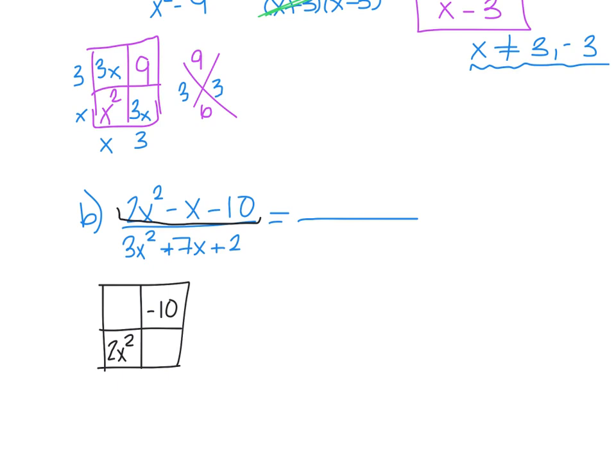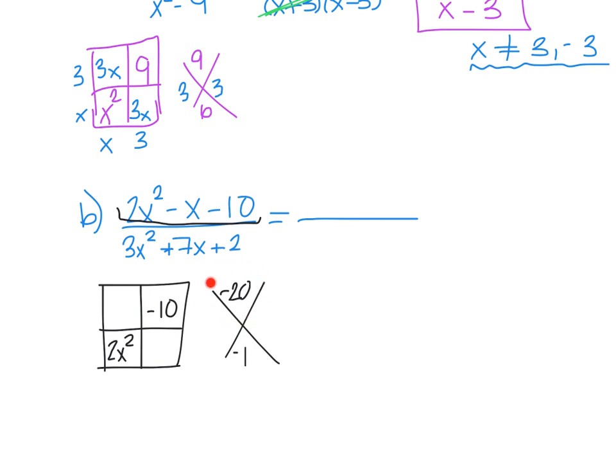Now is where we use our area model, and now notice that my leading coefficient here is not 1, it's 2, which means instead of writing just the negative 10 right here, I actually do 2 times negative 10, and I end up writing negative 20 here, and then negative 1, so the coefficient of x goes right here, as we saw last week, so negative 1 right there. So what I'm looking for are two numbers that multiply to negative 20 and add to negative 1.